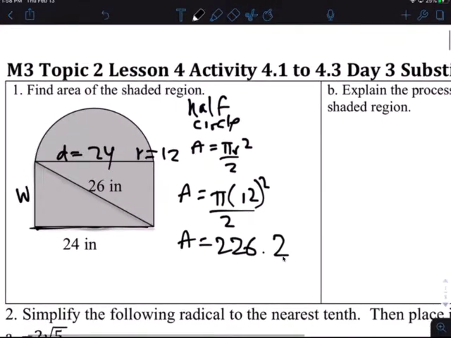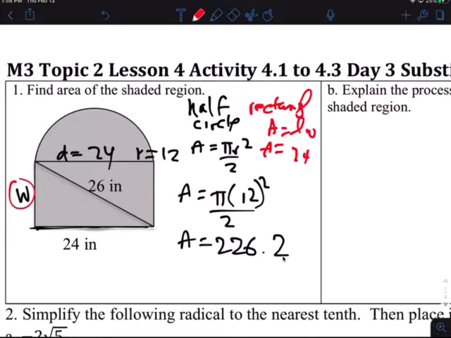The other one is a rectangle. The rectangle, I shouldn't write this big, the area is length times width. So area is 24 times, we don't know the width, so you need to do the Pythagorean theorem: a squared plus b squared equals c squared. This is c here, that's the diagonal part.